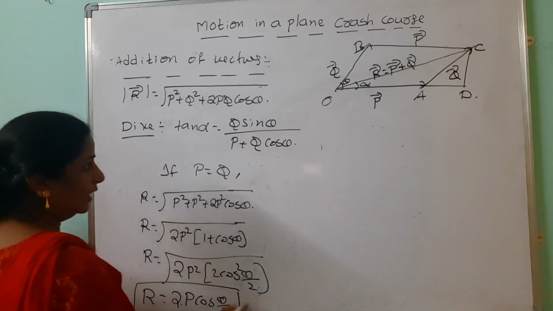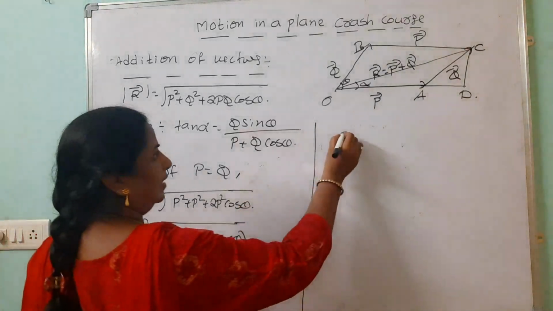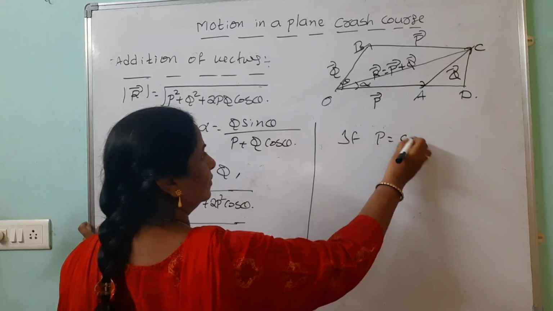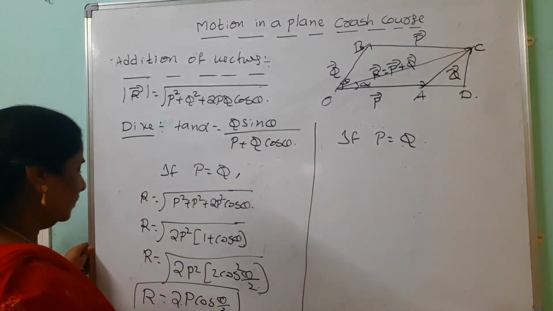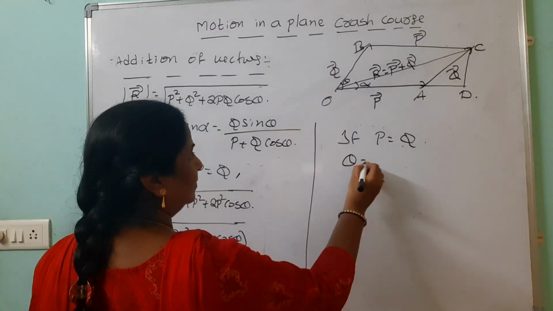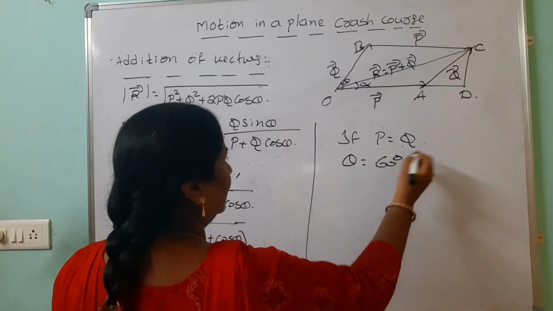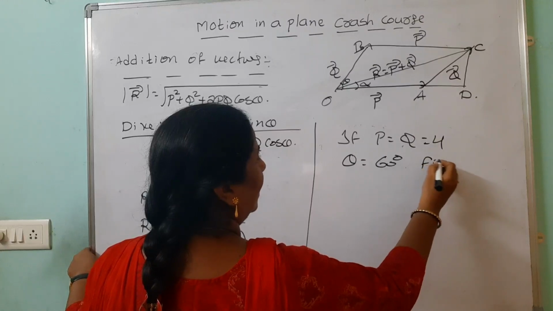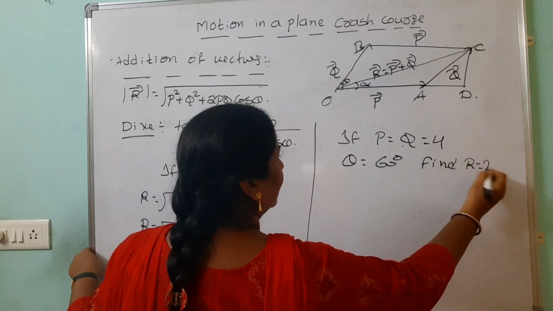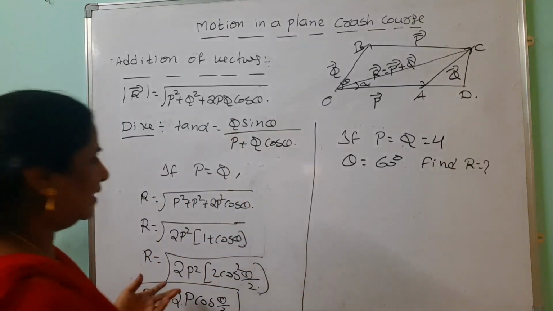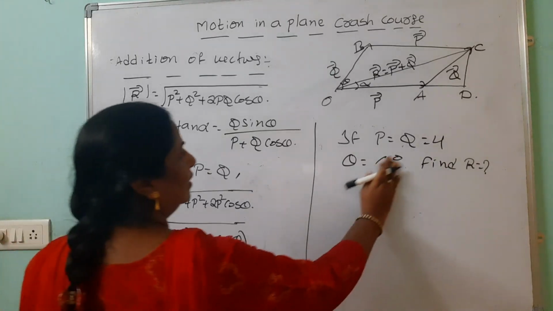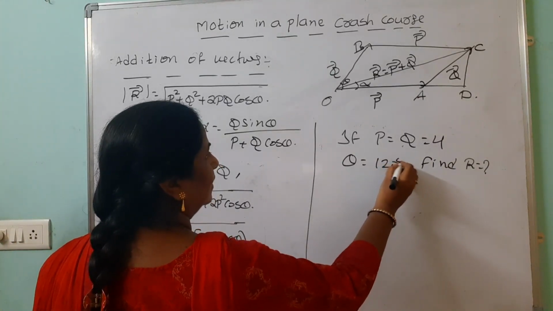Whenever the question is like this: if P equals Q equals 4, then theta equals 60 degrees. Find the resultant. How to find it in this case? Otherwise you can take theta equals 120 degrees also.